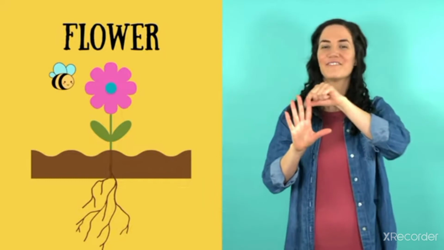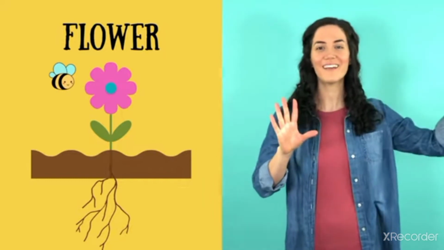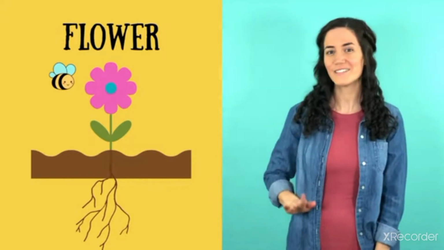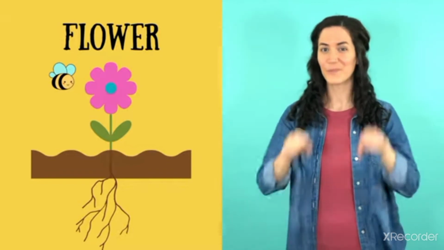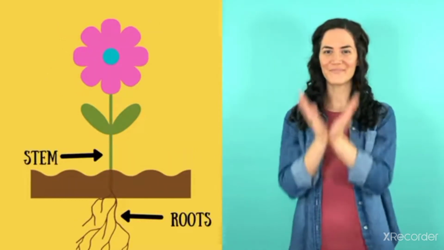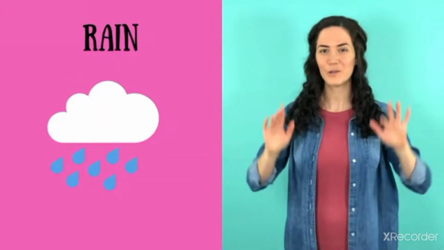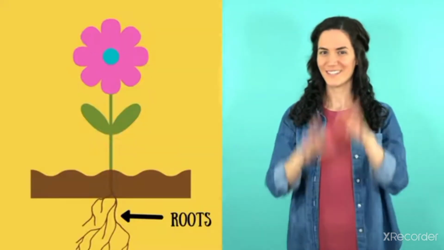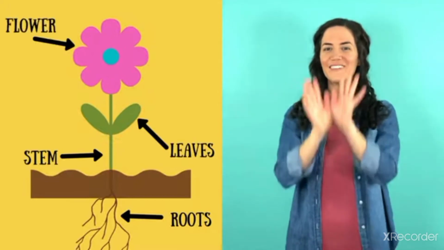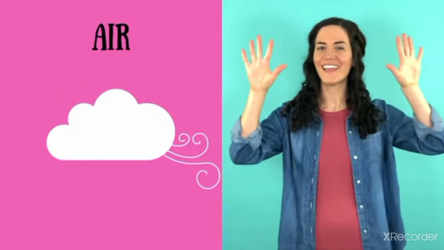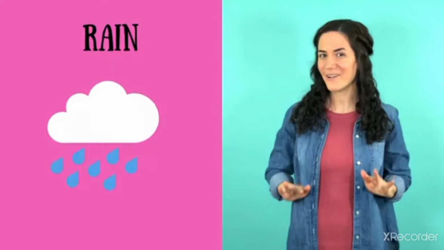They pollinate flowers and spread it around. Then the seeds fall to the ground. Roots, stem, leaves, flower needs sun and air and a little rain shower.